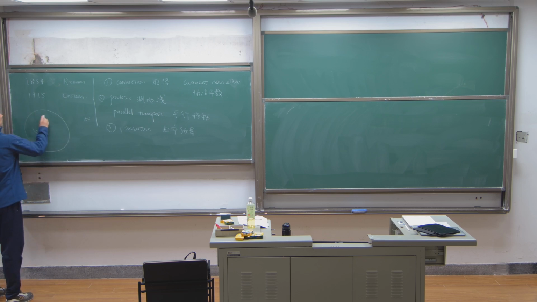So you have a manifold. At one point P you have a tangent space. At the other point Q, we have another tangent space.